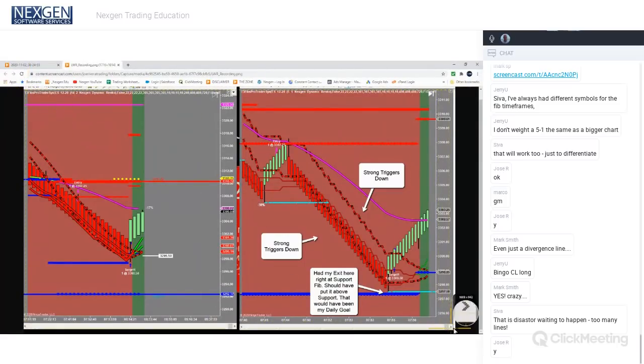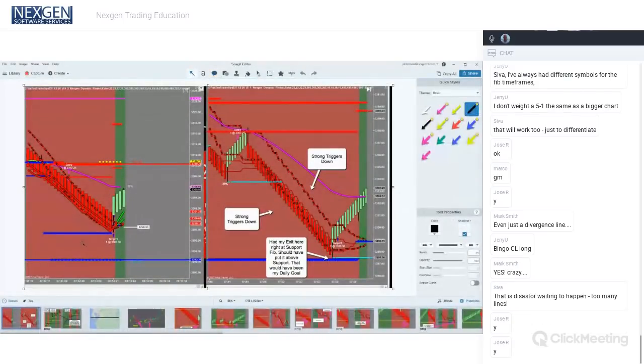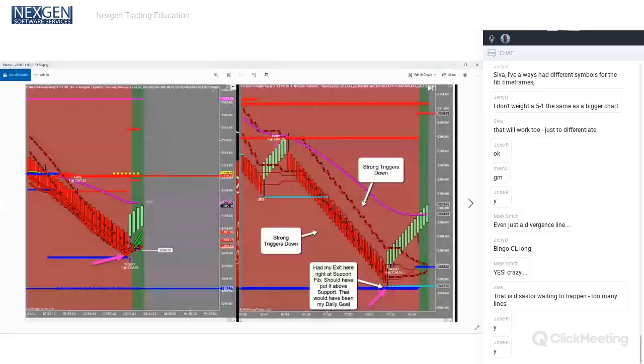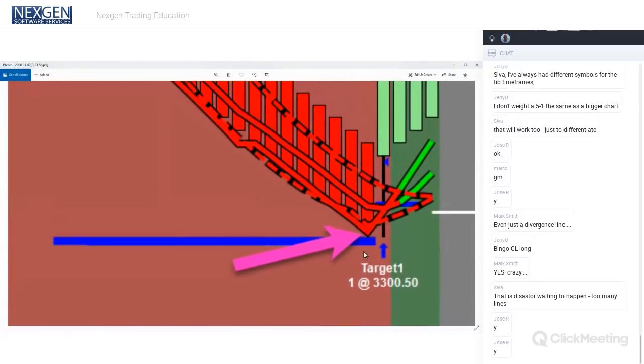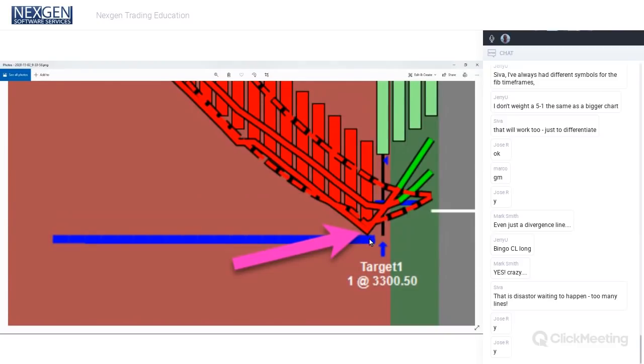Now watch, Jose, how easy this is going to be. Are you ready? This is what you're supposed to do as you go through and you do it, and you'll see how easy it is. You have to determine at this point in time, where I'll draw in the pink arrows, your expectation of fibs and triggers holding. So how many triggers are below the fib, or even close to going below the fib?